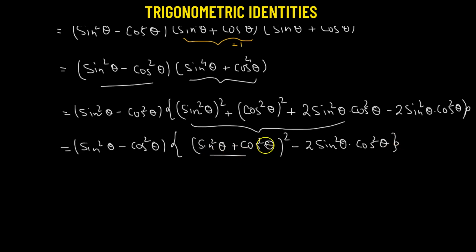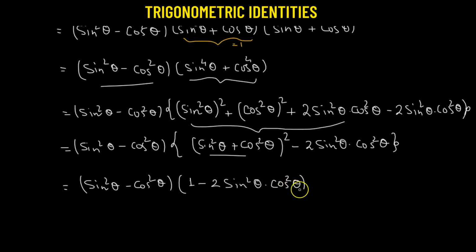Now luckily, sine squared theta plus cosine squared theta is 1. So our final expression will become sine squared theta minus cosine squared theta multiplied to 1 squared, which is 1, minus 2 times sine squared theta times cosine squared theta. And this is the expression on the right hand side.